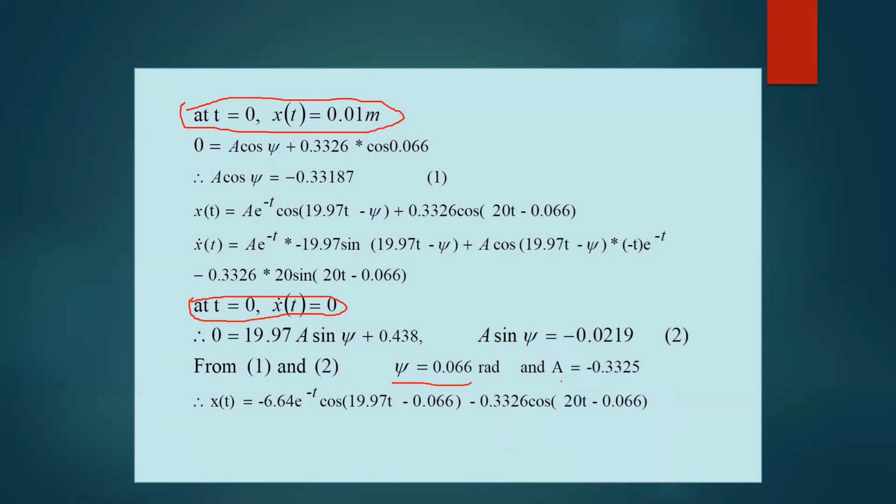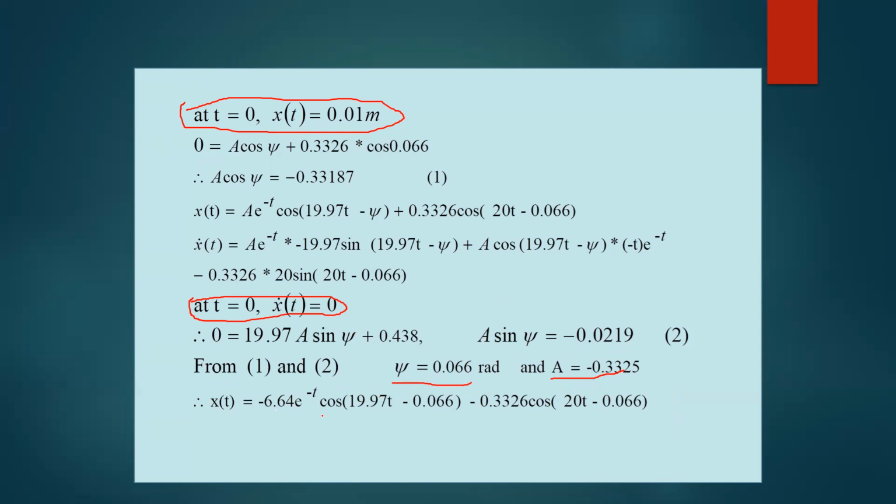Once we get these values, we can directly substitute them into the equation x of t is equal to A, which is 0.3... e raised to minus t.